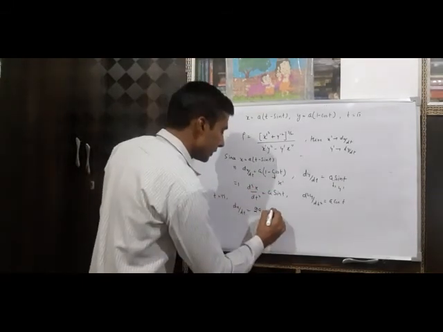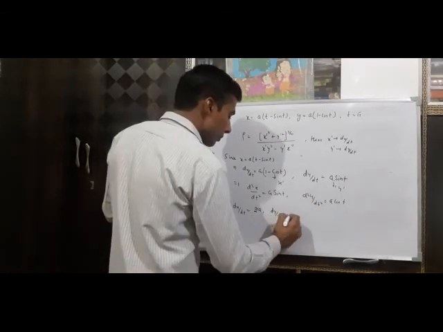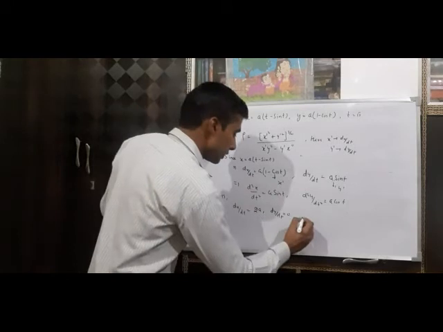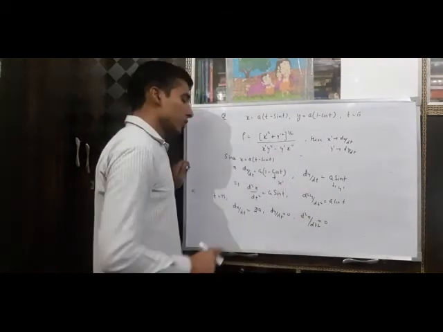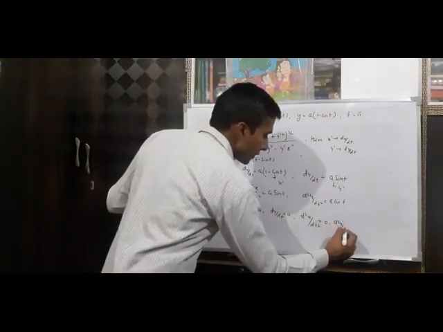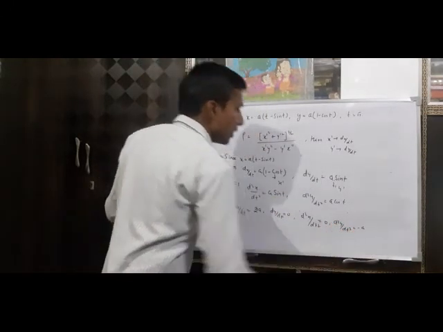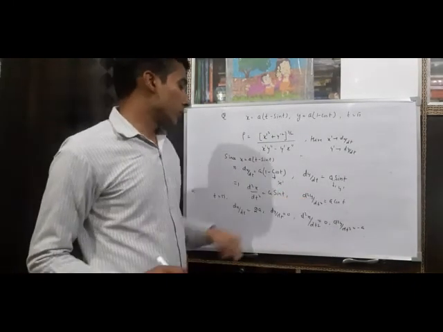Now dy/dt, as we know sin pi is 0, so this becomes 0. Similarly, d²x/dt² is 0 because sin pi is 0, and d²y/dt² is minus a, because cos pi is minus 1.